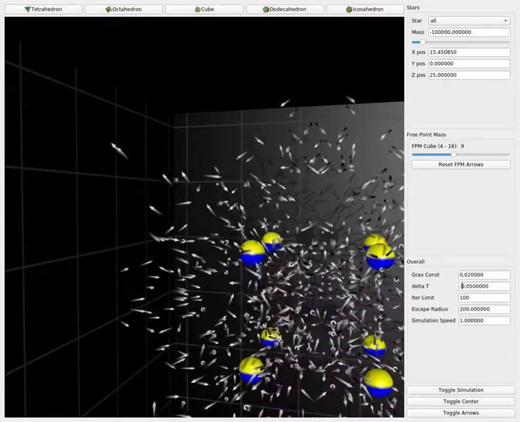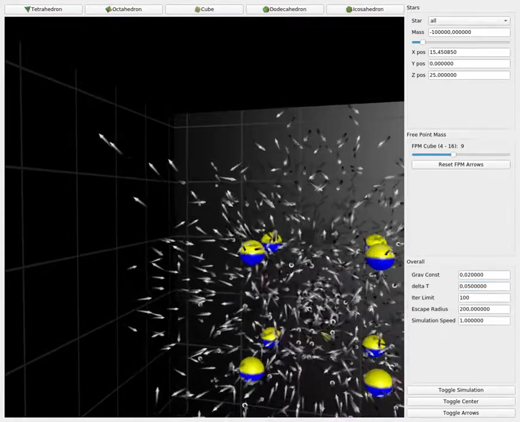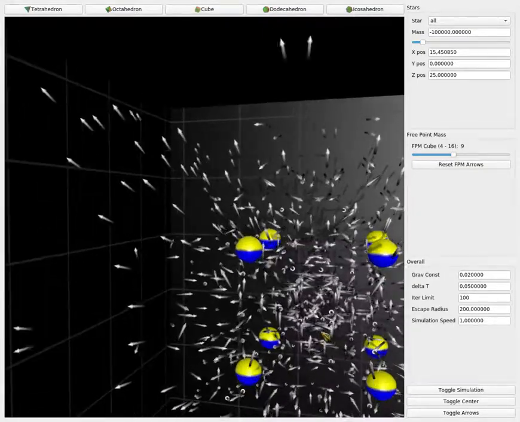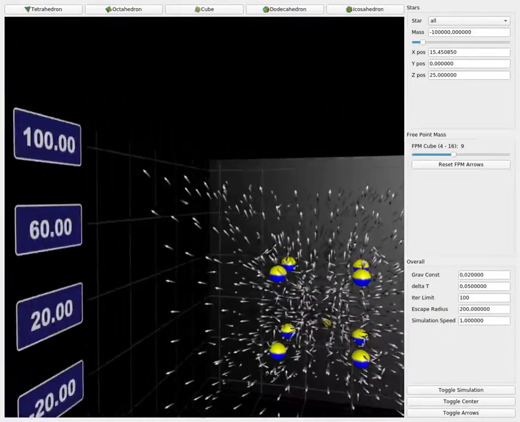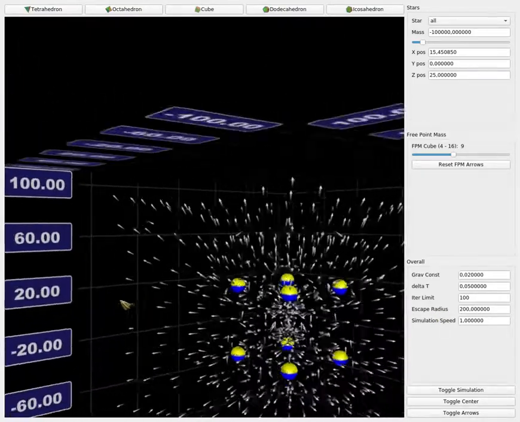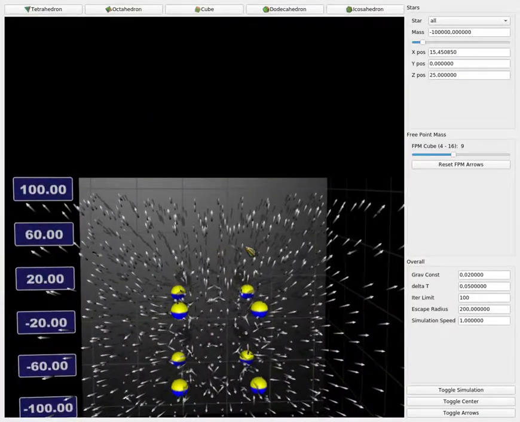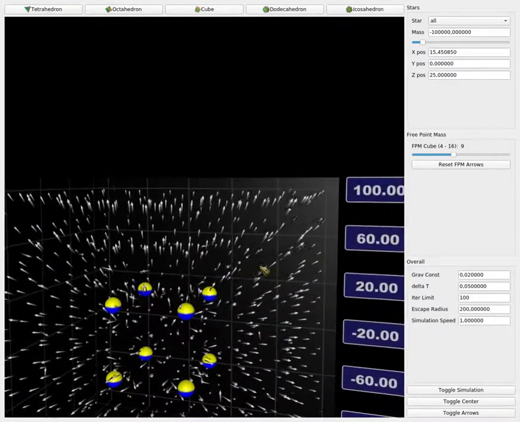Let's make it positive again. Now that I've made it positive, you can see that the original cube arrangement of the FPMs is trying to reform.